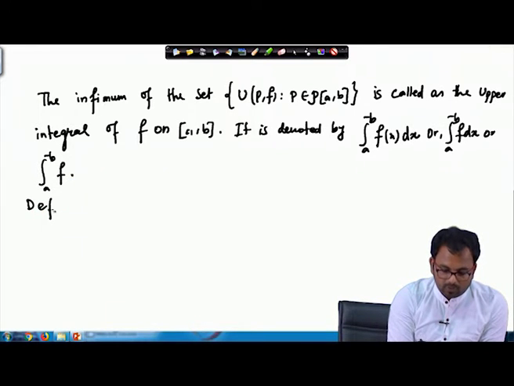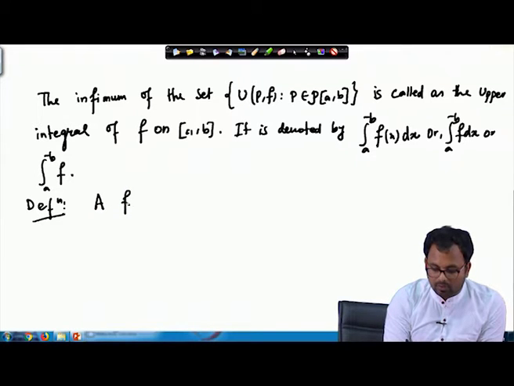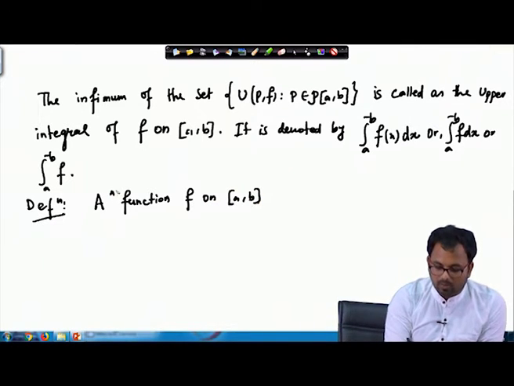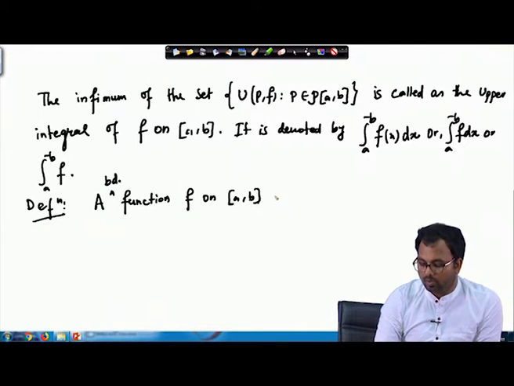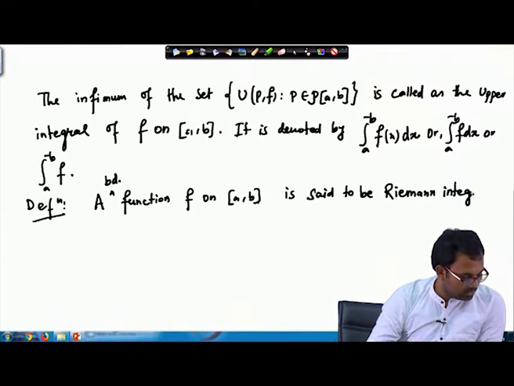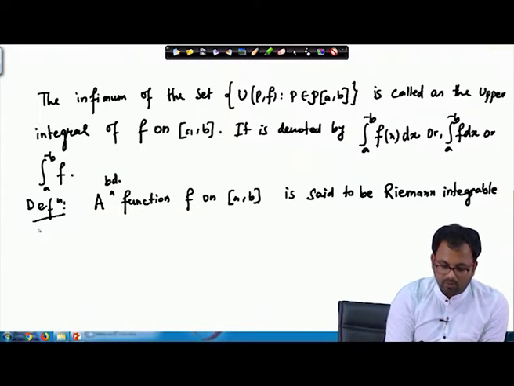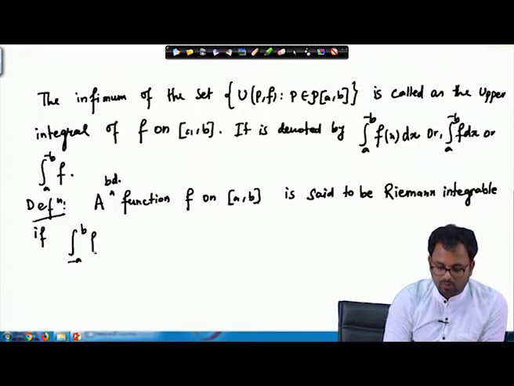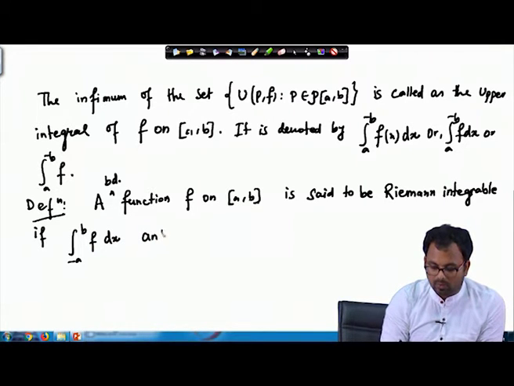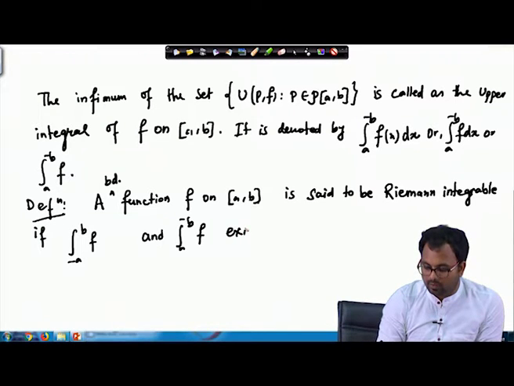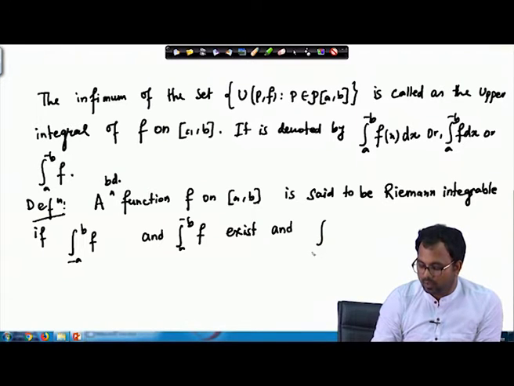So, definition: a function f, or a bounded function f, on the closed interval a b is said to be Riemann integrable if both lower and upper integral, let us follow one notation, so I am removing this dx here, lower integral and upper integral exist, and they satisfy this relation.